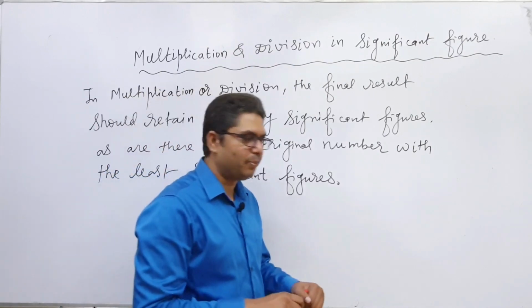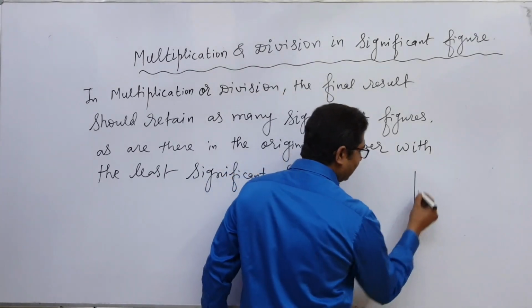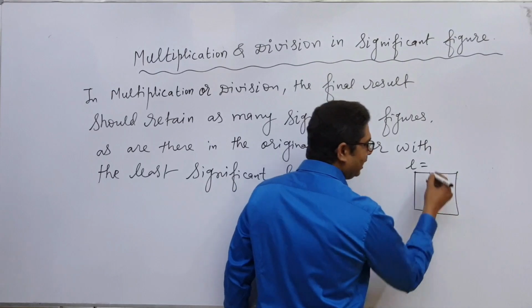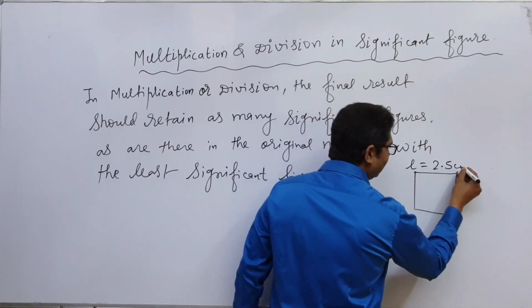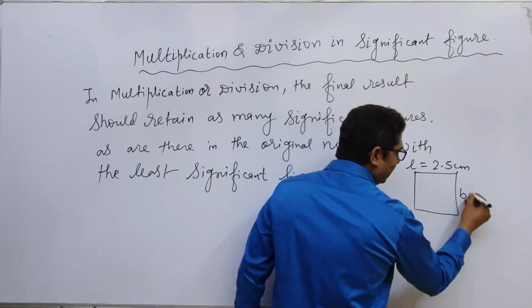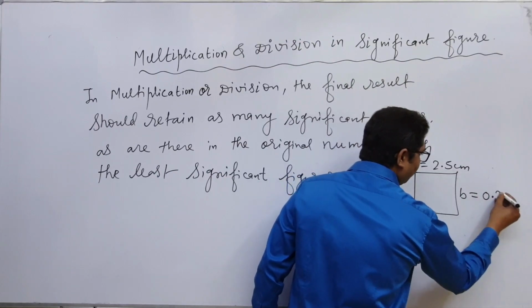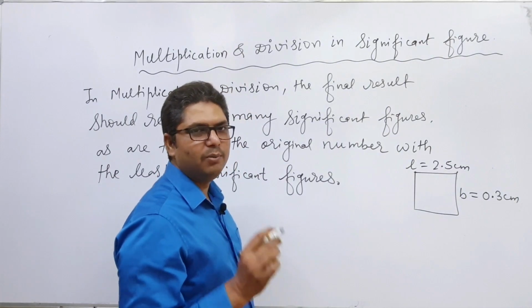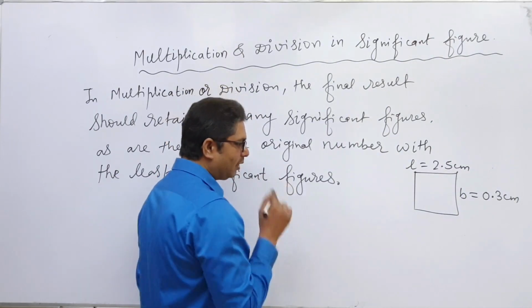I am giving you an example. Suppose I make a rectangle here, and in this rectangle this is length L, and length L is equal to 2.5 centimeter, and this is breadth, and breadth is equal to 0.3 centimeter. Find out the area using proper significant figures. What is the area?